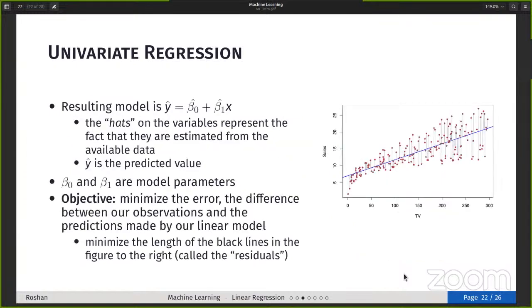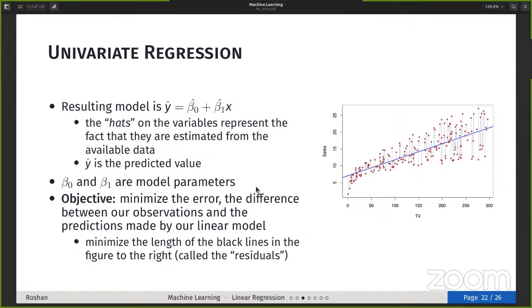The resulting model is y cap, the predicted value, with beta naught cap and beta 1 cap estimated from data. Based on data, you calculate beta 1 and beta naught. Again, while doing the coding session, I'll explain how to get these two parameters.